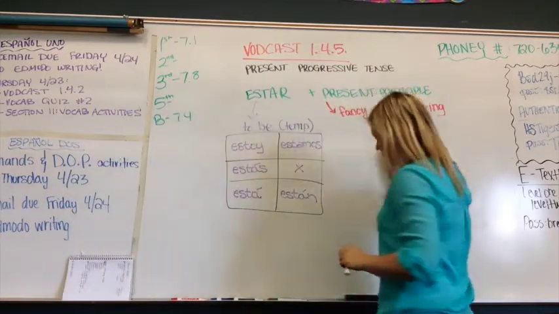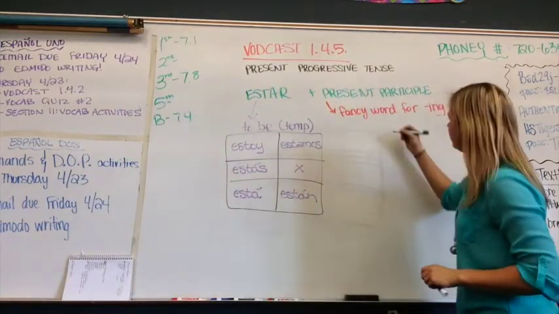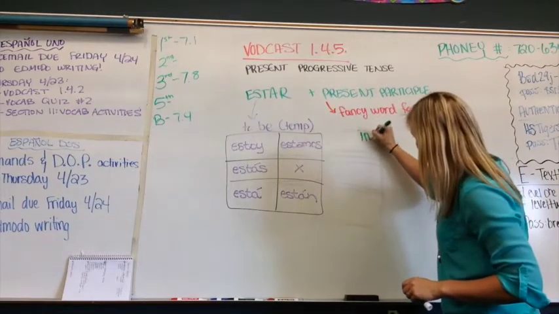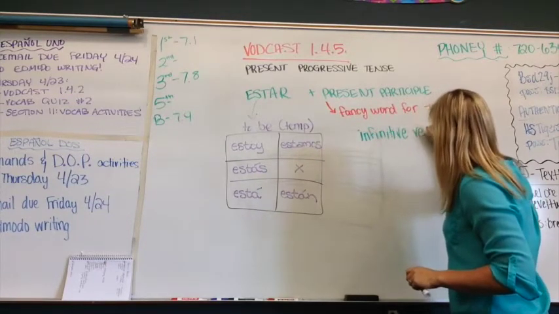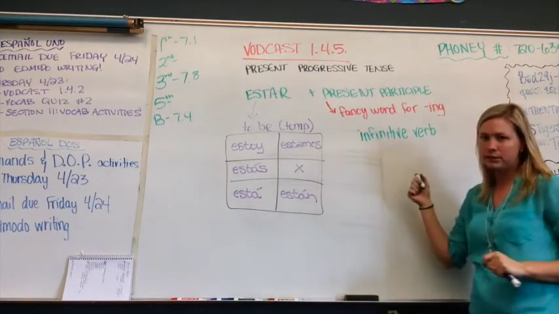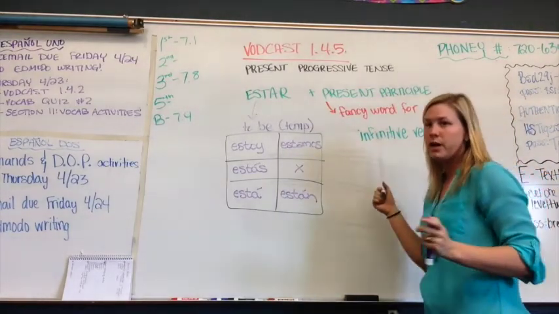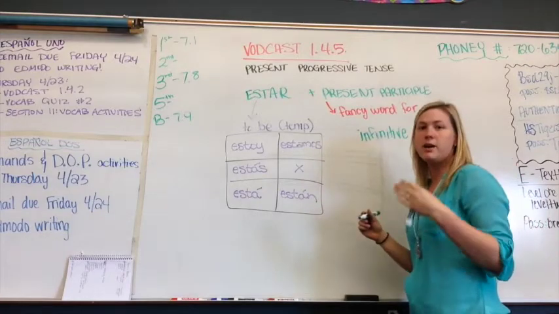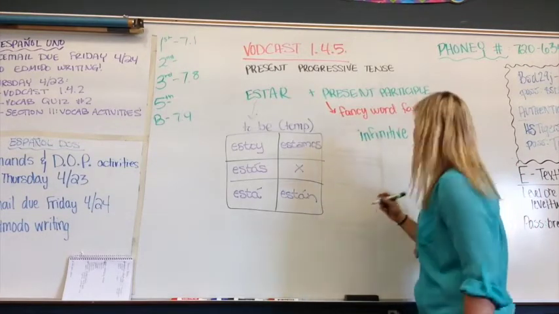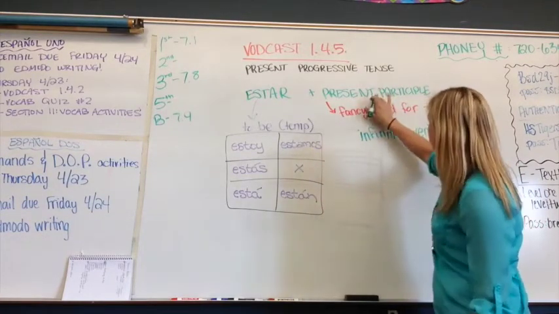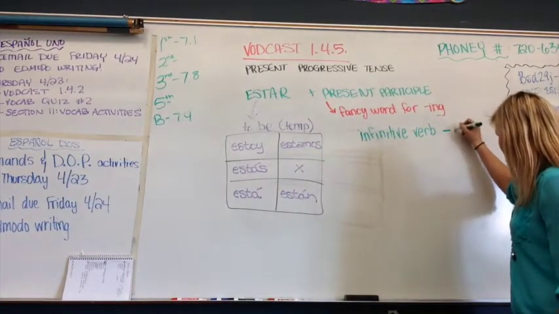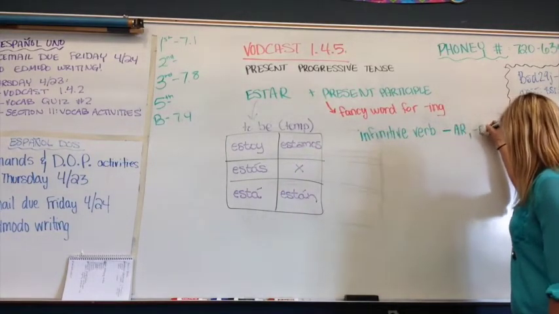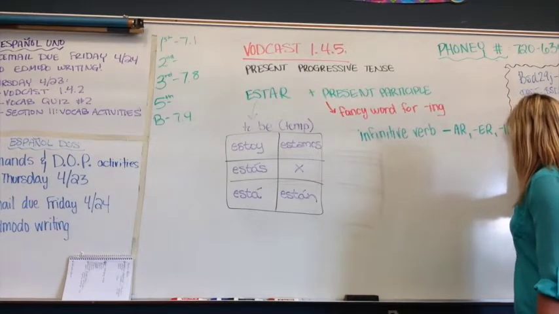Because forming the participle, all you have to do is take your infinitive verb. I'm hoping you remember what that means, but just in case, the infinitive verb is a verb that still has the AR, ER, or IR on it. So to form the participle, you take the infinitive minus the AR, ER, or IR.